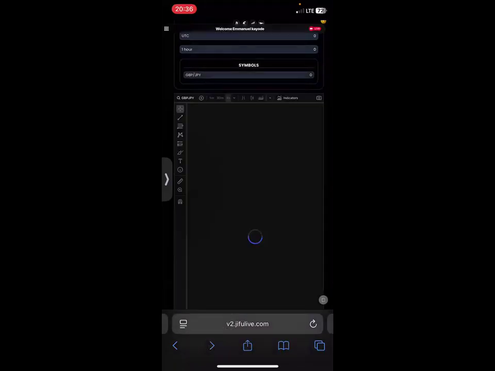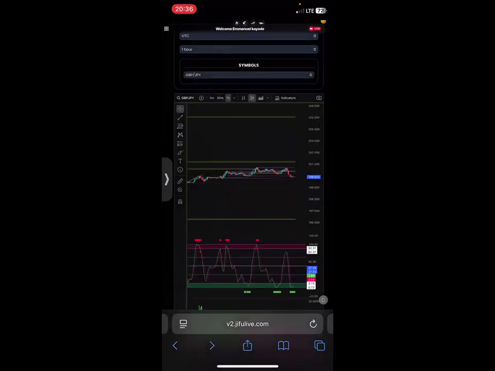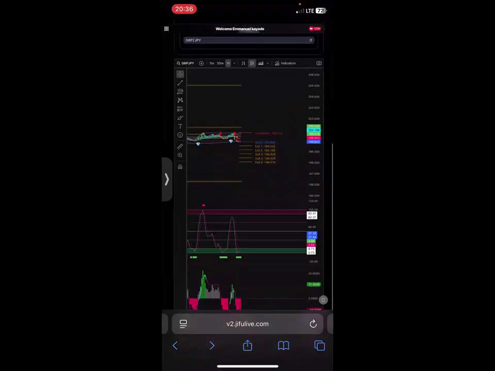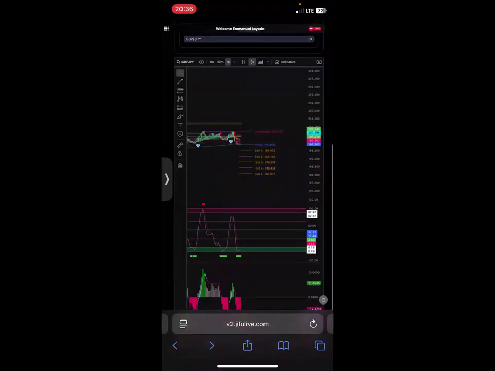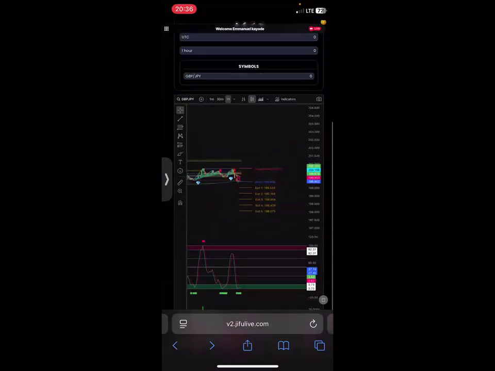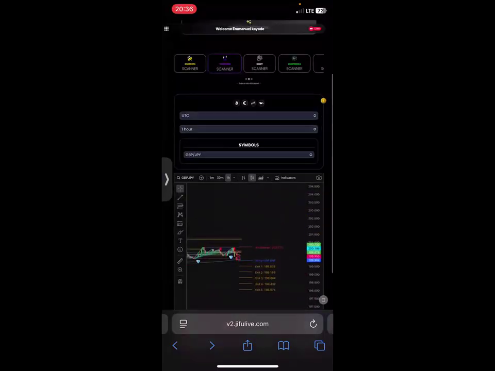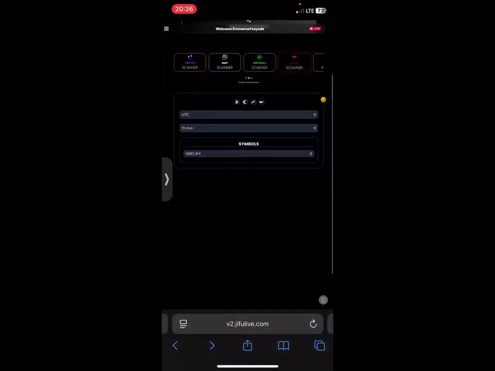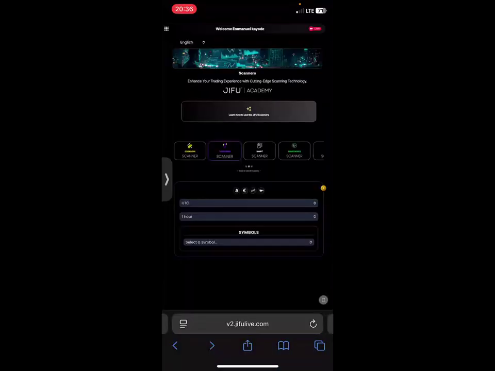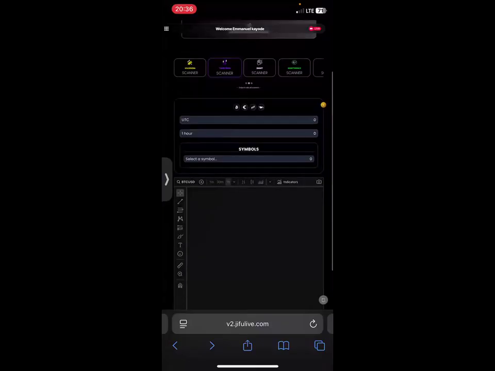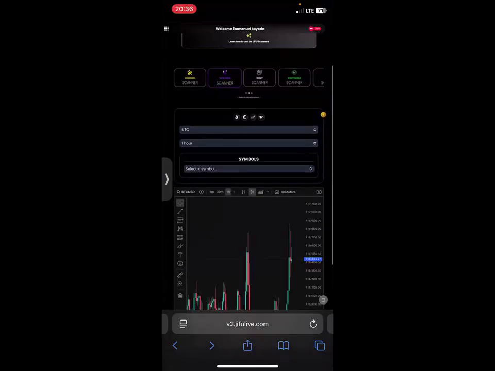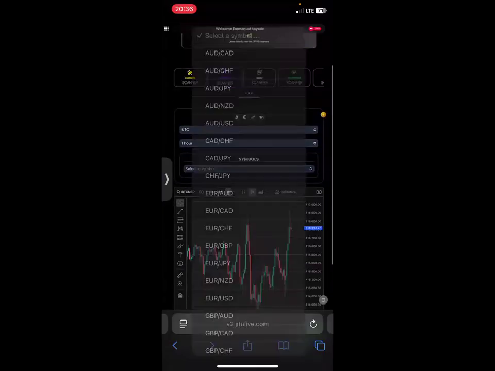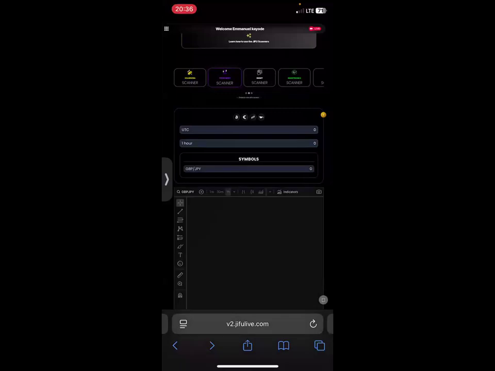I'm not a GBP JPY fan. Okay, this is GBP JPY on 1 hour time frame. Sorry about this, it's the scanner.